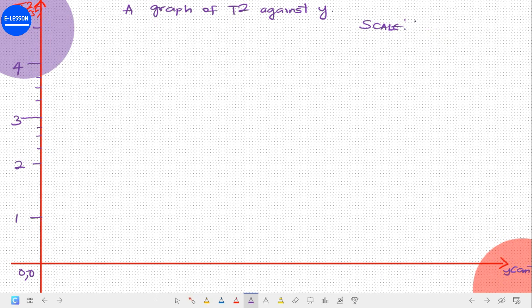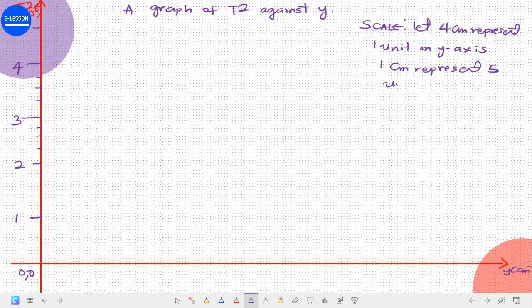So our scale is let 4 cm represent 1 unit on the y axis, and 1 centimeter represents 5 units on x axis.